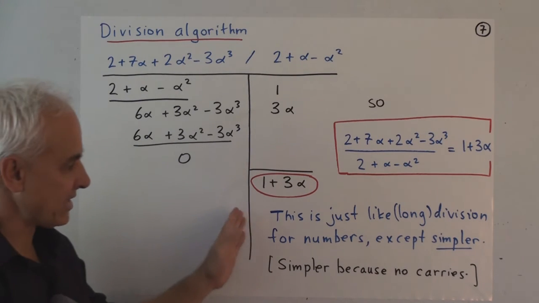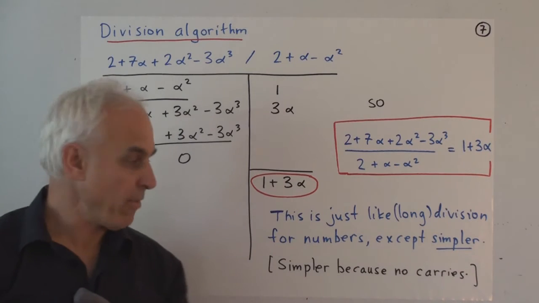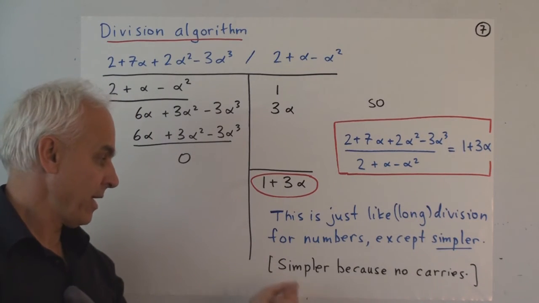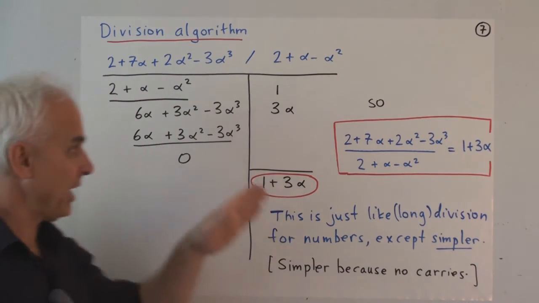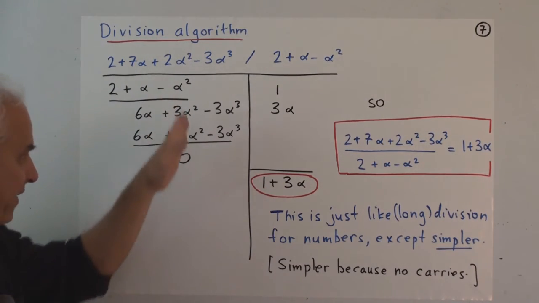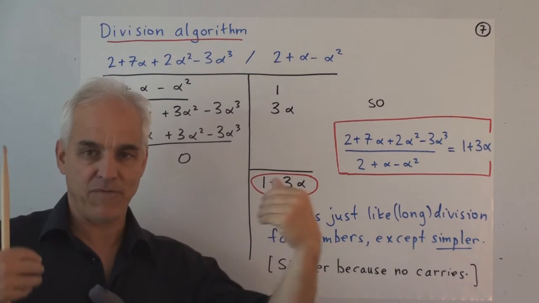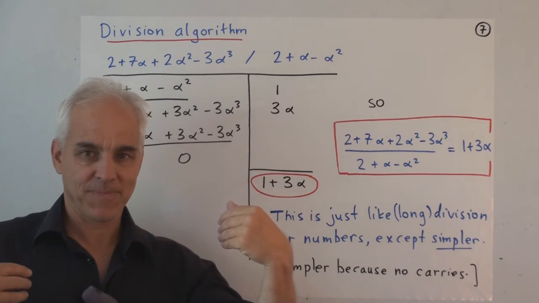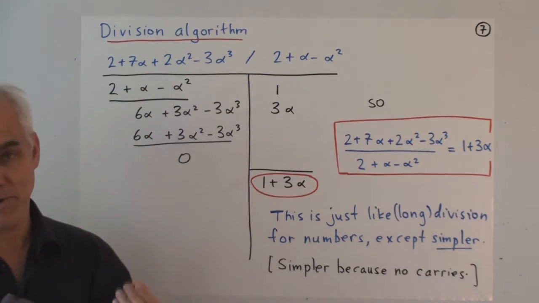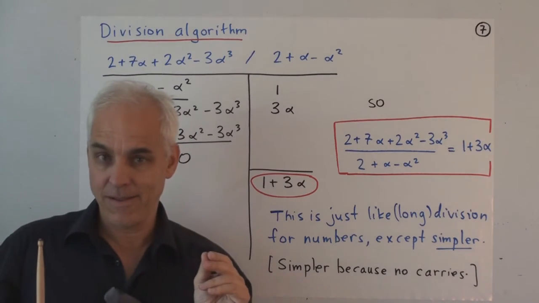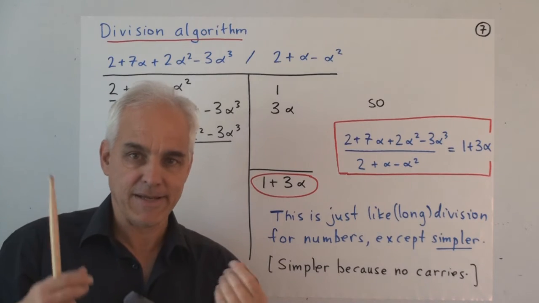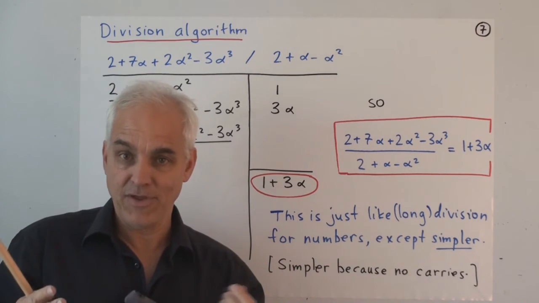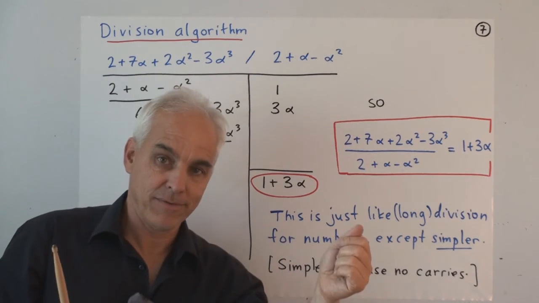So I emphasize this is just like long division for numbers, except it's simpler. It's simpler because we don't have to worry about carries. Each of the powers of alpha acts completely independently of the other powers of alpha. When we're doing ordinary arithmetic with powers of 10, the powers of 10 can overlap. If we have more than 10 tens, or actually more than 9 tens, we have to create 100.